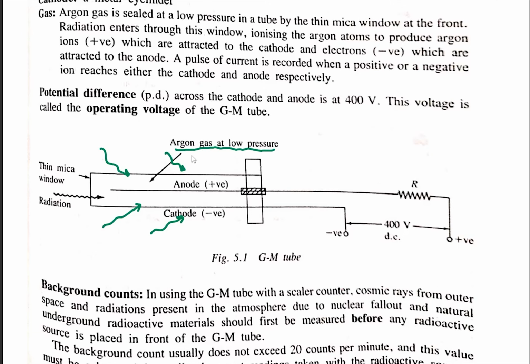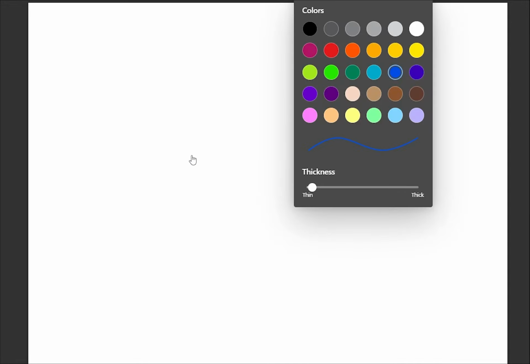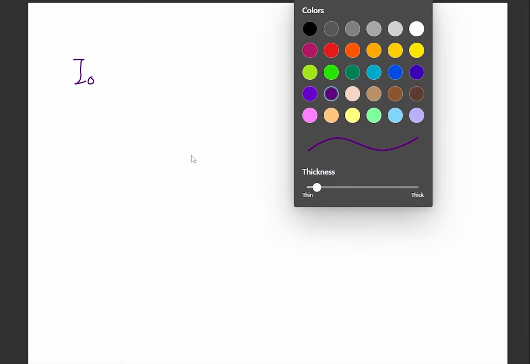So what happens is that if we have argon gas, for example, let's say we have argon gas. It breaks down into two parts if it receives these radiations. That process is known as ionization.